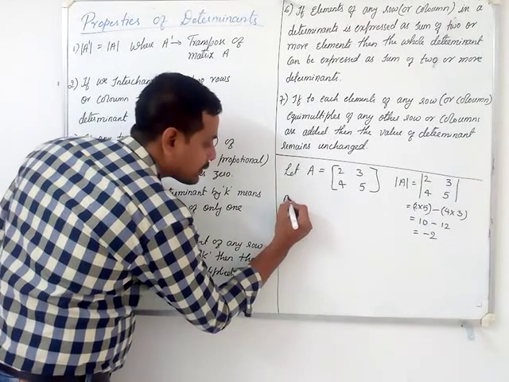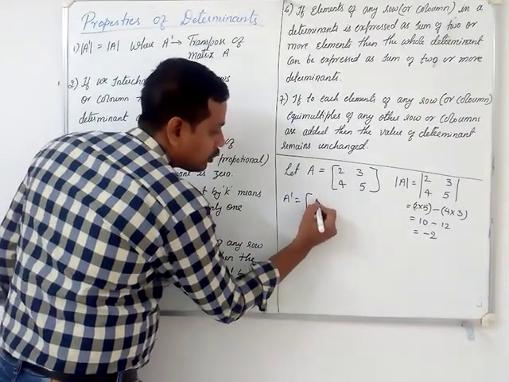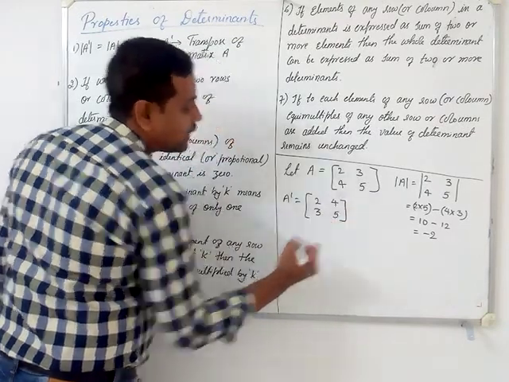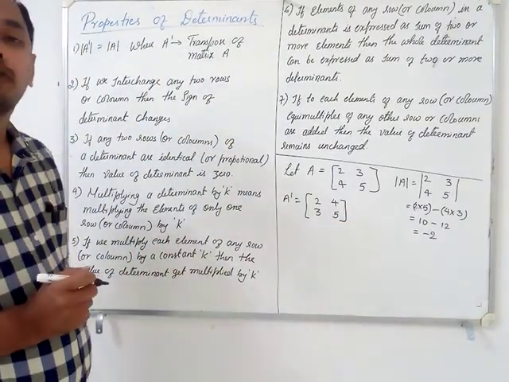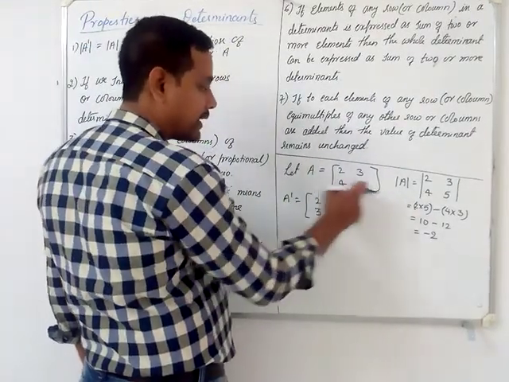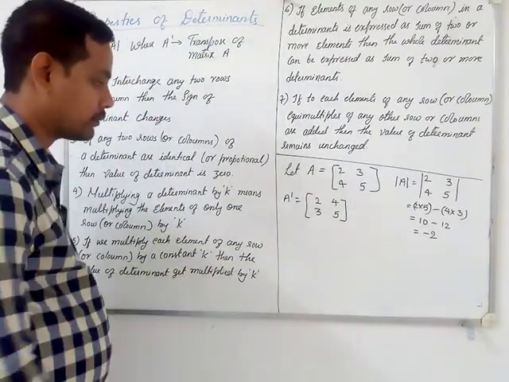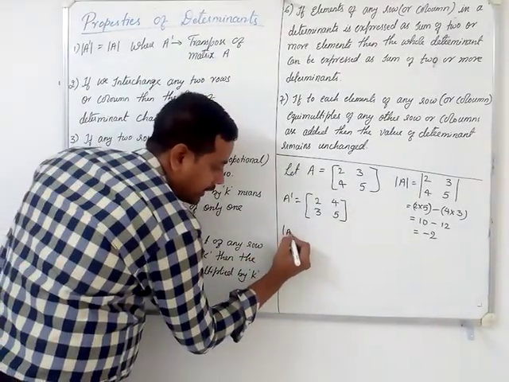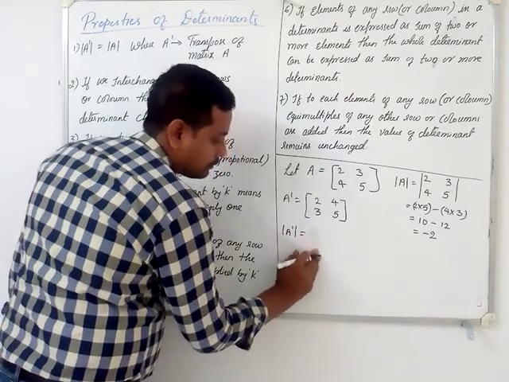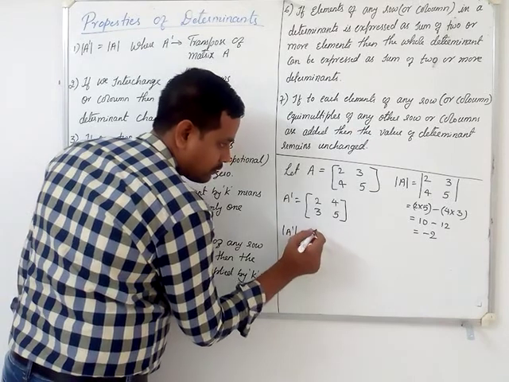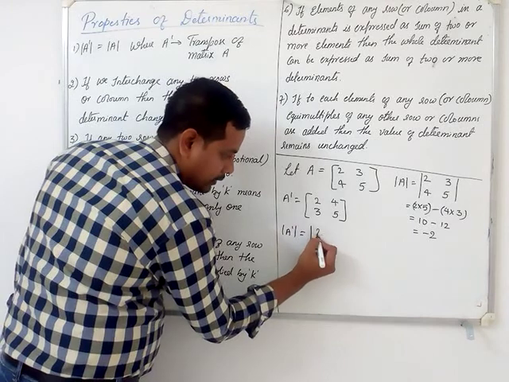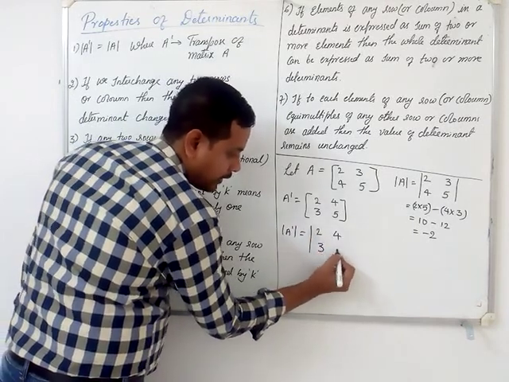What will be A transpose? 2, 4, 3, 5. What is transpose? Writing rows in terms of columns and columns in terms of rows. So here the first row I have written as first column and the second row I have written as second column. So what will be determinant of A transpose? This is 2, 4, 3, 5.